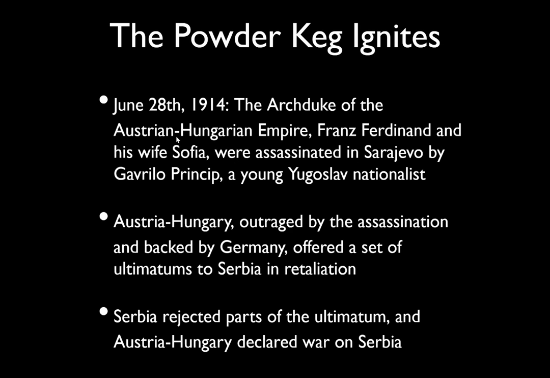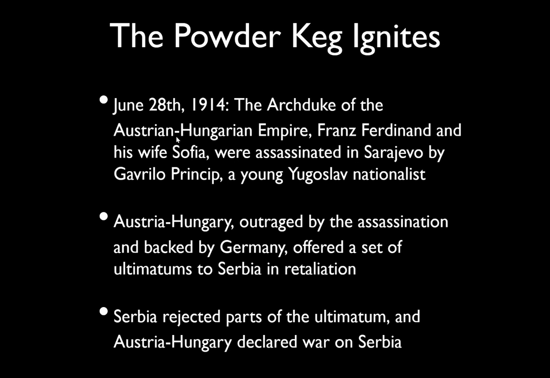It was the assassination of the Archduke Franz Ferdinand. And this happened on June 28th, 1914. So basically, the Archduke was the guy that was supposed to become the next emperor of the Austrian-Hungarian Empire. And he was visiting Sarajevo with his wife, and a young assassin, who was a Yugoslav nationalist, killed him.